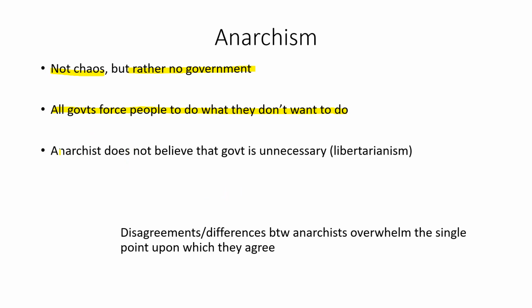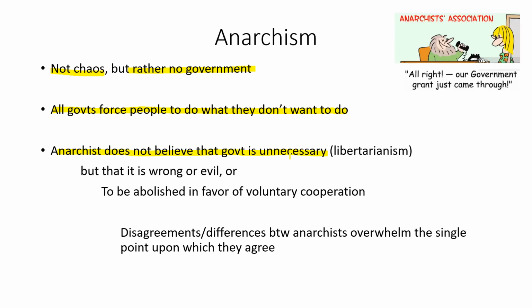And the anarchist does not believe that government is necessarily unnecessary, but that it is wrong or evil, or that it should be abolished in favor of voluntary cooperation. And then that gets into this idea that human beings are going to be naturally cooperative and easy to get along with. Well, that's obviously arguable.